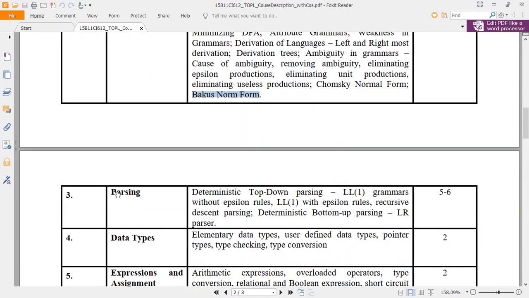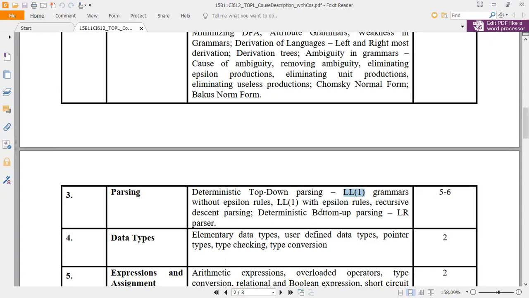Then we have moved on to the parsing techniques, which is the next stage of compiler design after lexical analysis. In this parsing, we have seen one parsing technique per category. Under top-down parsing, we have seen LL(1) parsing, that is left-to-right moving of input with the leftmost derivation with one token lookahead.